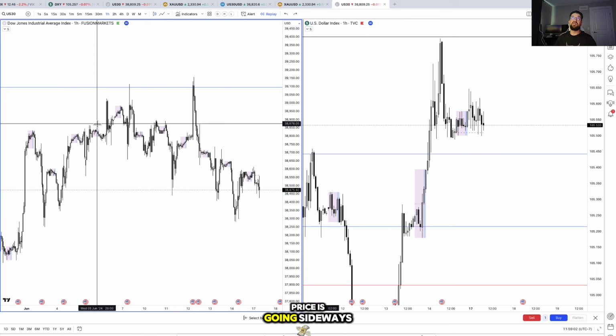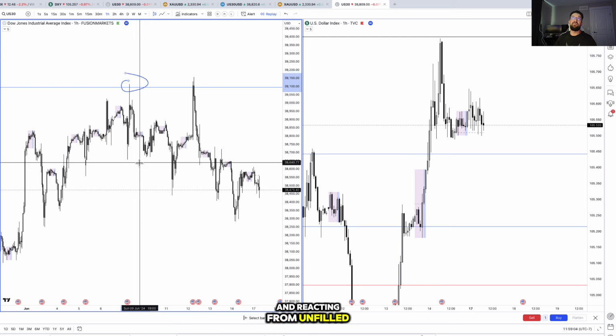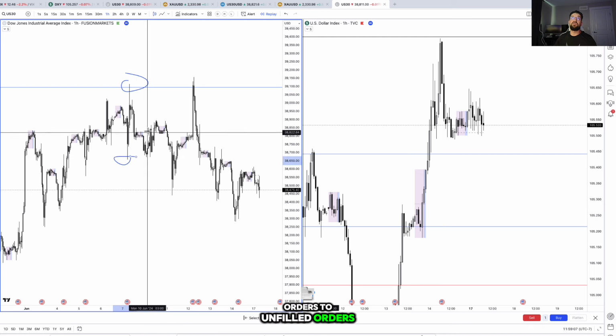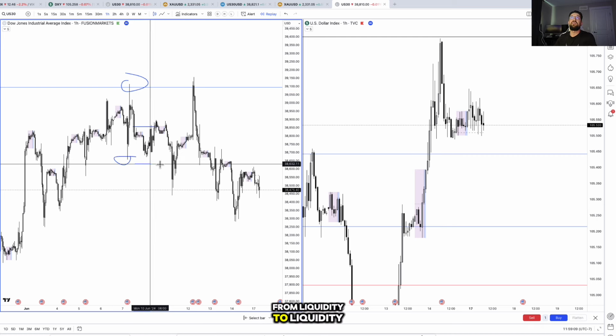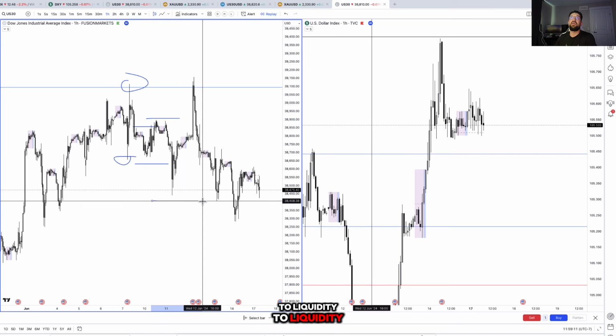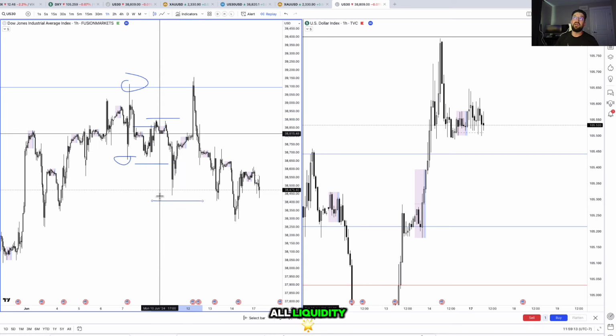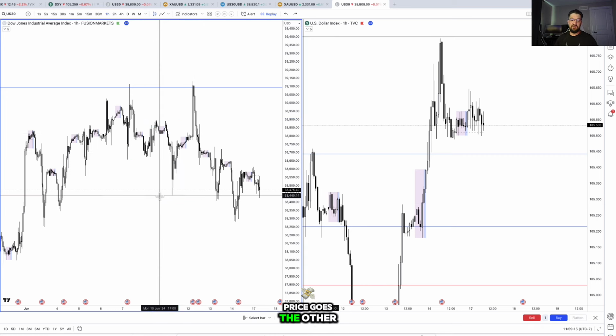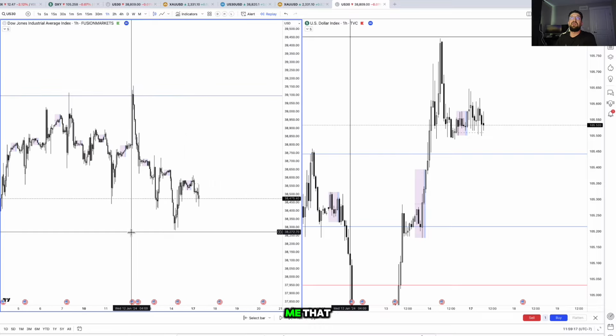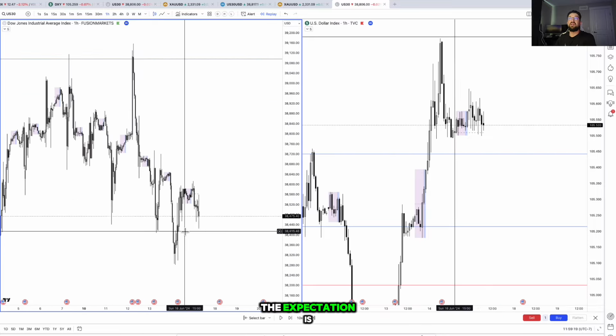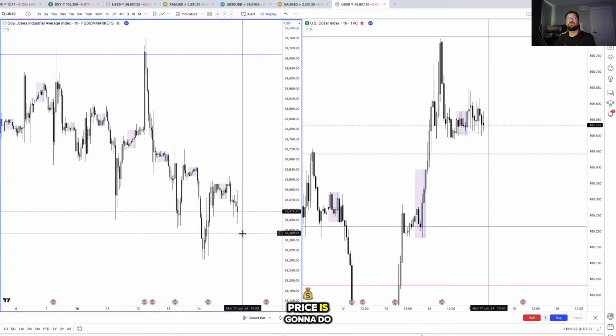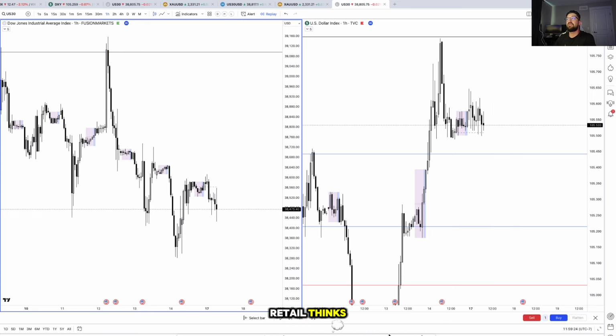Price is going sideways and reacting from unfilled orders to unfilled orders, from liquidity to liquidity to liquidity to liquidity. And every time we take out liquidity, price goes the other way. So this is telling me that the expectation is price is going to do the opposite of what retail thinks.